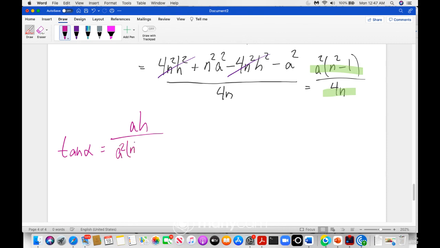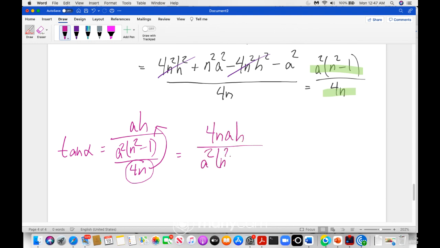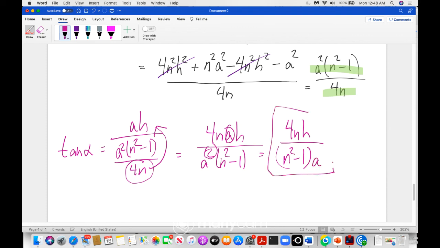This a squared, n squared minus 1 all over 4n. Okay? But that's the same thing as this flipping up top. So that's going to be a 4nah divided by a squared, n squared minus 1. But then you have a factor of a that cancels, and you're left with the final solution of 4nh divided by n squared minus 1 times an a.